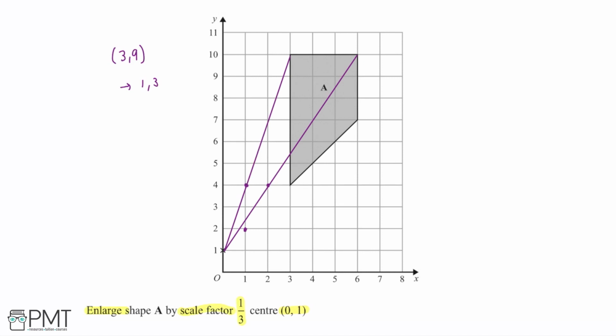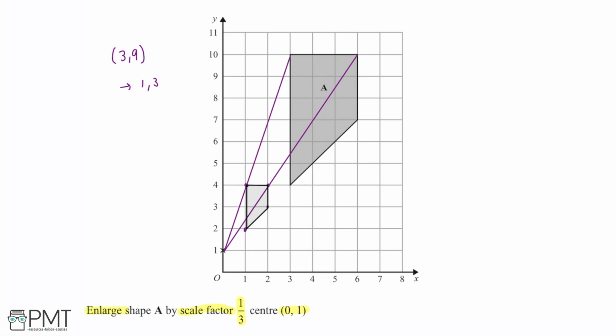I can multiply this by a third to give me 1, and I can take this point here, which is the top right point on A, and move this down by 1 to get this point here, which we can see does basically make up the shape A if we are to connect all of these points together to get our new shape, which is a third of the size of shape A. It is the same orientation and looks the same, it's just smaller than A. And that's how we enlarge this shape by a scale factor of a third with the centre that we're given.